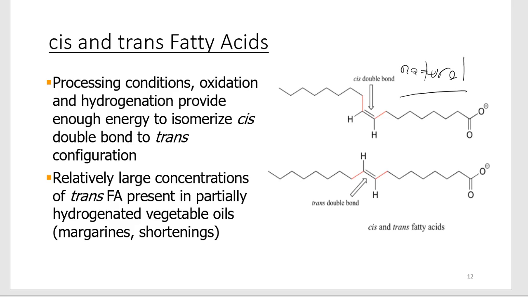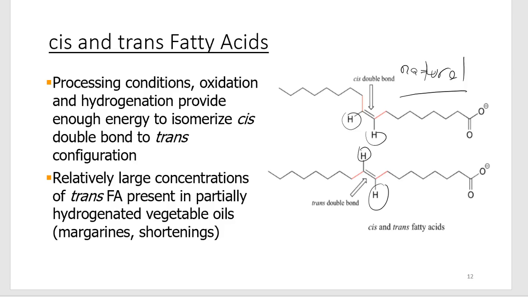So in this configuration, the hydrogens of the hydrocarbon chain extend on the same side of the double bond. On the other hand, trans double bonds have the hydrogens on the opposite side, like in the second figure.